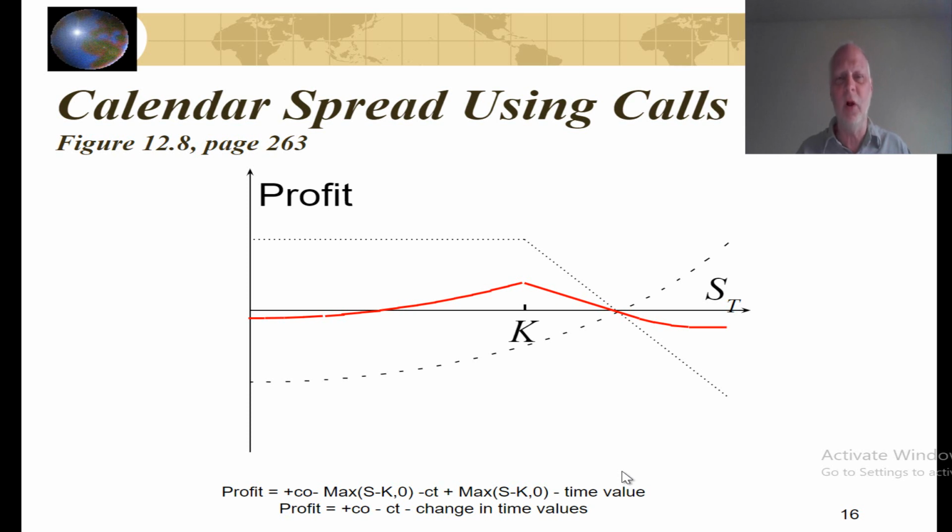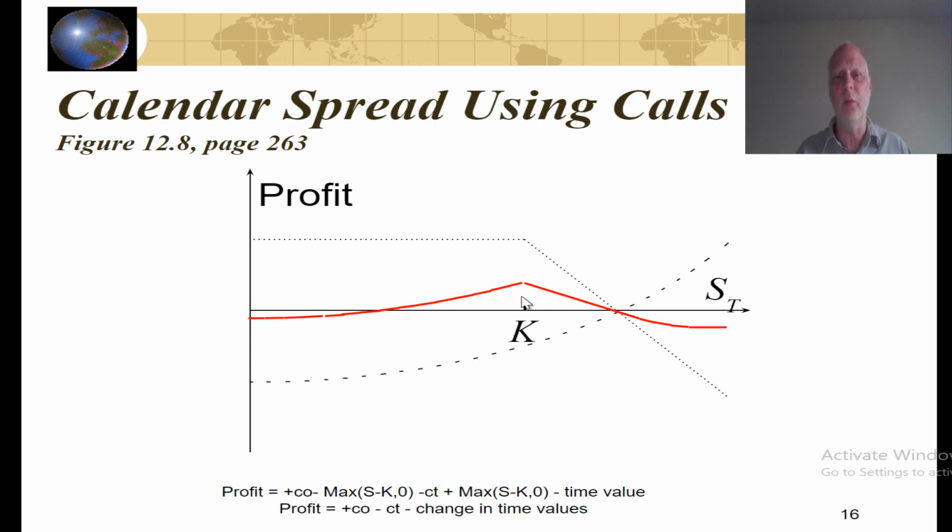So why would it pay off this way? Well, the time value of an option decays very quickly as you approach the expiration date. Therefore, the long-dated option's time value doesn't go down very much, but the short-dated option goes down very quickly.